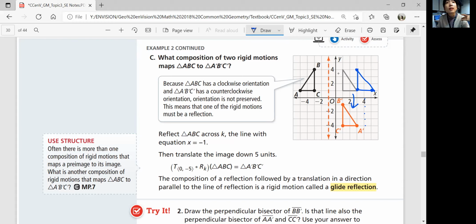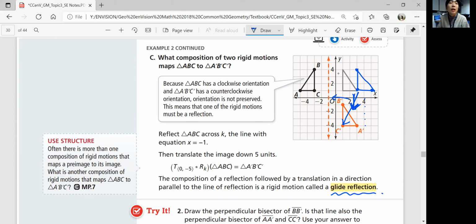So if you do this and then you just slide down and it's parallel, this motion is parallel to your line of reflection, that is called the glide reflection. If you reflect across the y-axis and then do a translation from here to there, that is not parallel to your line of reflection.